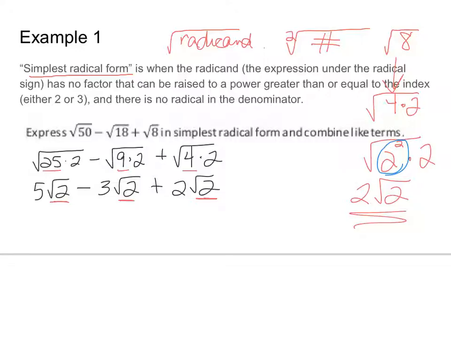We treat those square roots sort of as variables. I can't do anything with them, but I can collect them because they are the same. So I have 5 square roots of 2, 3 square roots of 2, and 2 square roots of 2. So 5 minus 3 is 2, plus 2 is 4. And I have my answer.